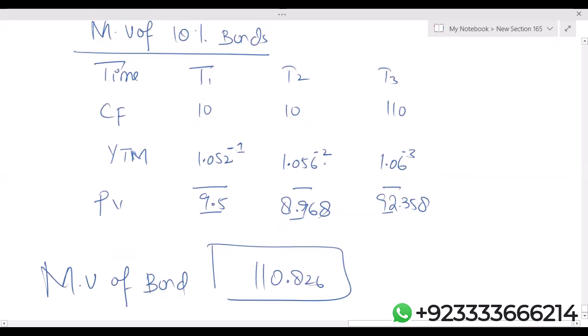Why? Because look at the data in front of you. You cannot apply the NPV shortcut. Is this clear to everyone that we cannot apply the NPV shortcut? Please comment on that. If a question comes like that, we cannot apply the shortcut of NPV. Is this clear? Please comment so that we can proceed.